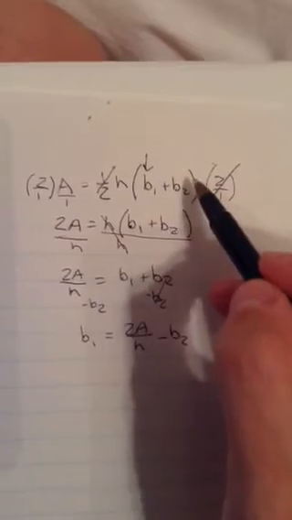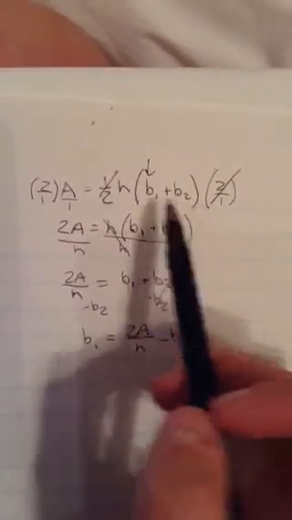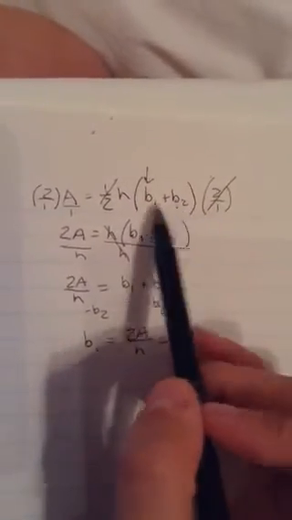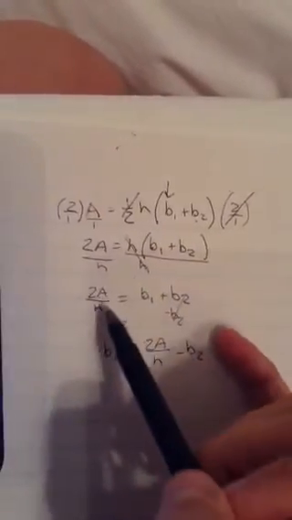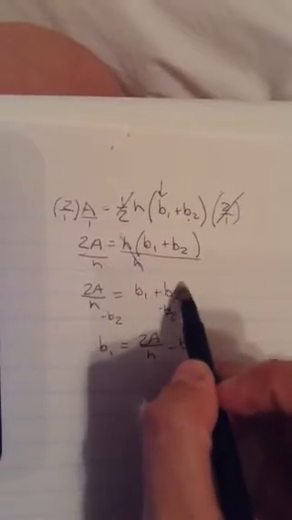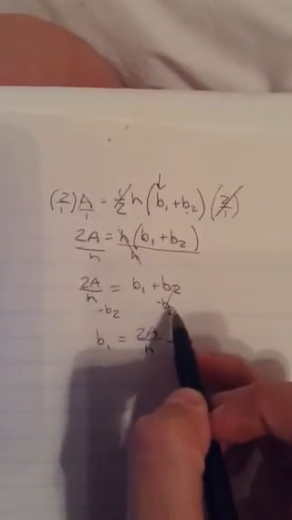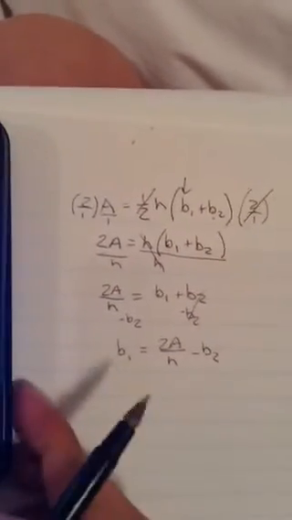So let's try and isolate B2. So I want to get B2 alone. So basically I'm going to do the same steps that I did here, except now I want to isolate my B2. So it's actually going to be the same exact steps. So to get B2 alone, I multiply by 2 over 1, I divide by H, but if I want B2 alone, instead of subtracting B2, I'm going to subtract the B1.